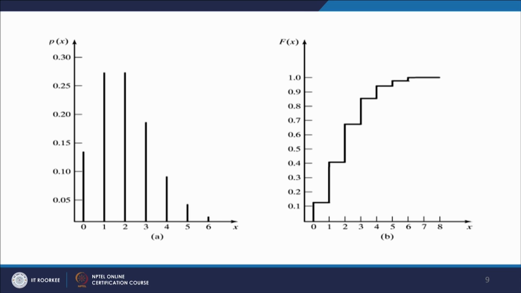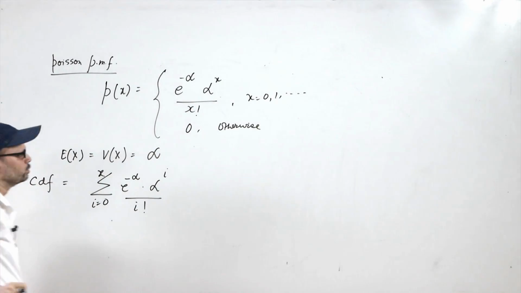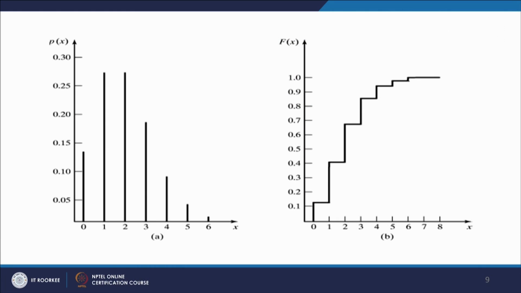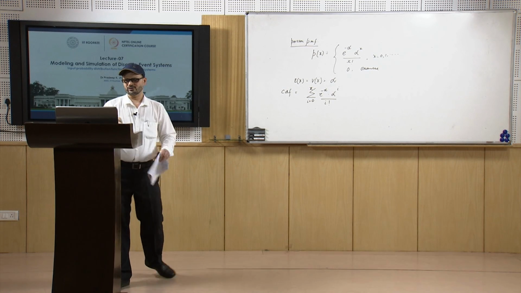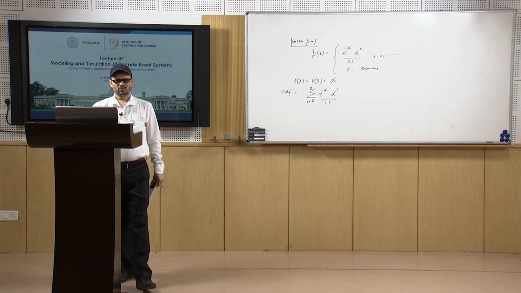For 0, if we put 0 here and alpha is 2, then we get a value close to 0.14, and if we take the value 1 or 2, you are getting a value of about 0.27 or so.